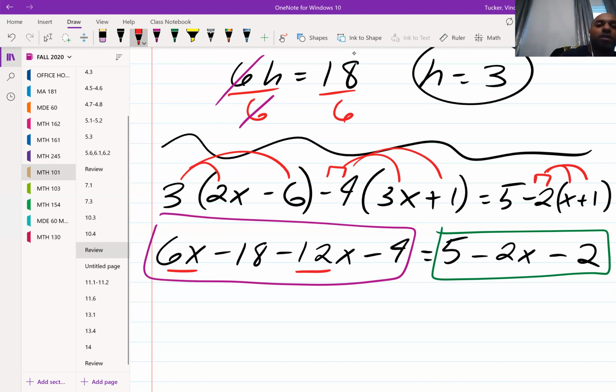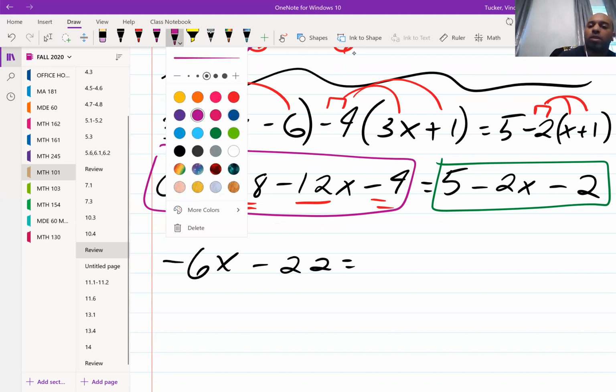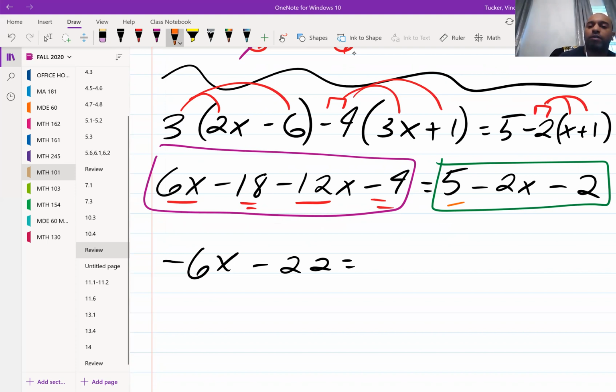That'd be negative 6x, and negative 18 and negative 4 is negative 22. And on the right side, we just have this 5 and negative 2, which will give us 3. And that's minus 2x. Make sure we're okay with our like terms coming together.